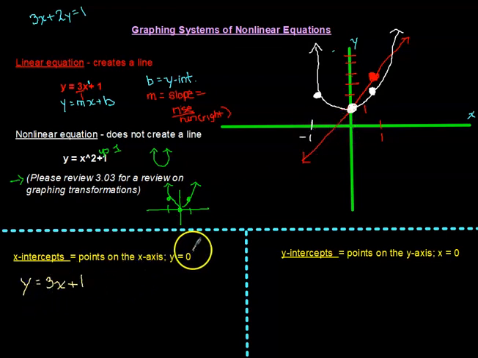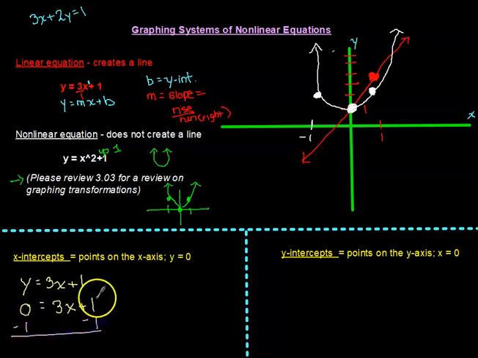So again, what you do is you set y to 0. To find an x-intercept, you always set y to 0. And now you're just going to solve for x. So from here, I'll subtract 1 on both sides. And then 0 minus 1 is, sorry guys, I gotta move this over, negative 1 equals 3x. And then afterwards, I need to get x by itself.